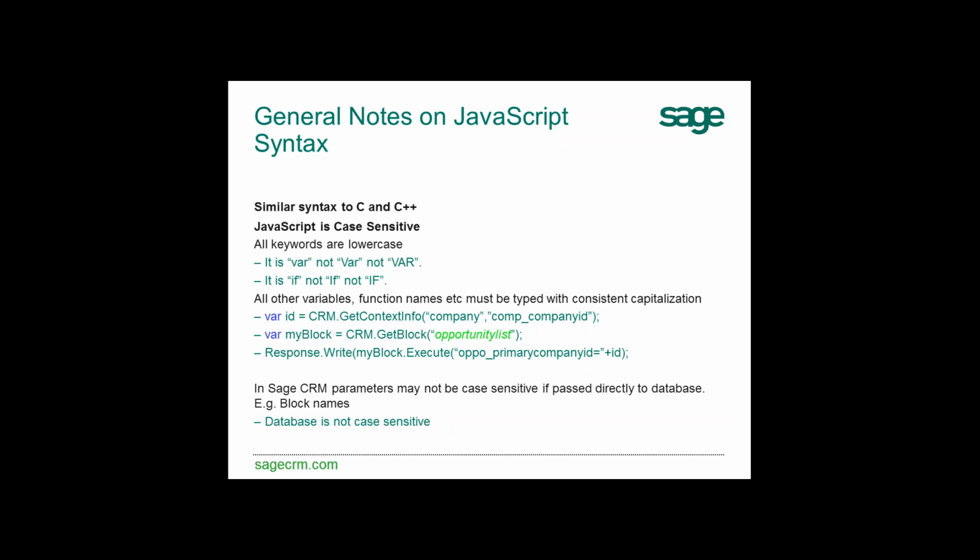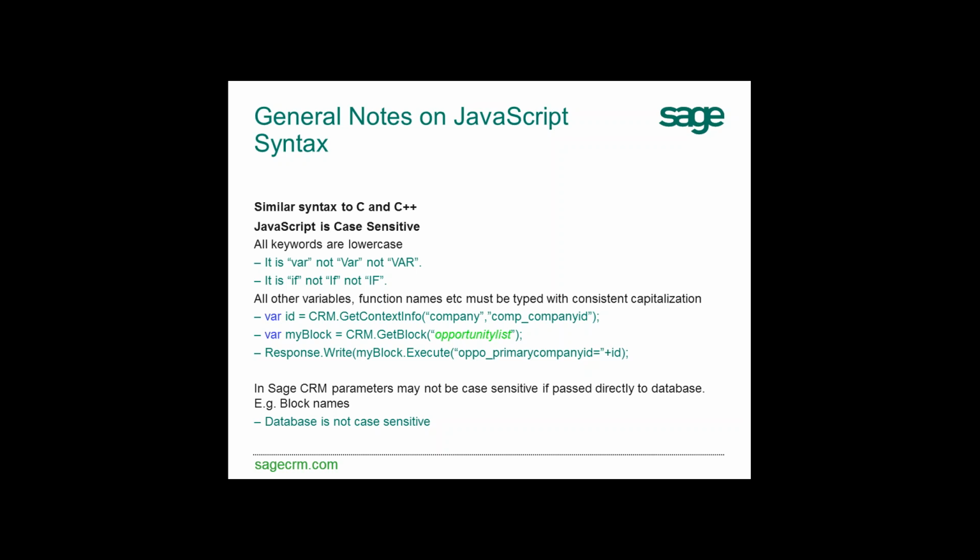And here you can see with CRM.GetContextInfo, camel case in the way in which Get, then C, and then I of Info are written out, and then you've got the method passing in company ID. In GetContextInfo, you have a method with 2 parameters being passed into it.